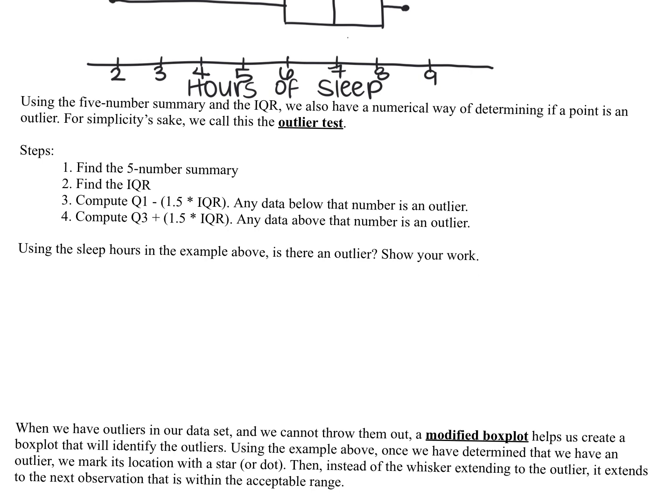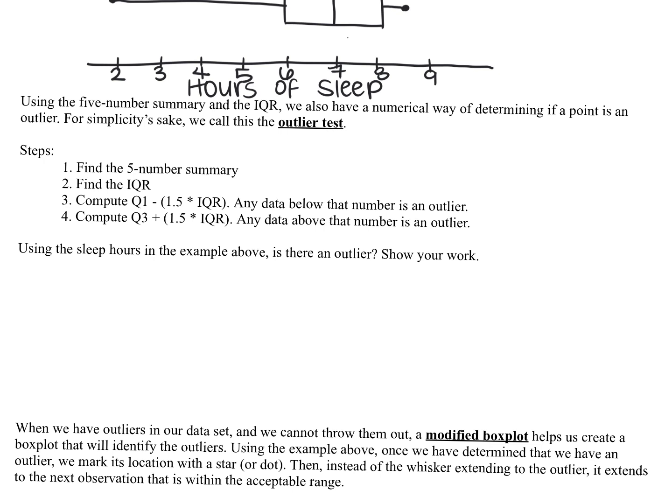Anything 1.5 times the IQR below your first quartile or above your third quartile is considered an outlier. Don't ask me where the 1.5 came from. I don't know.